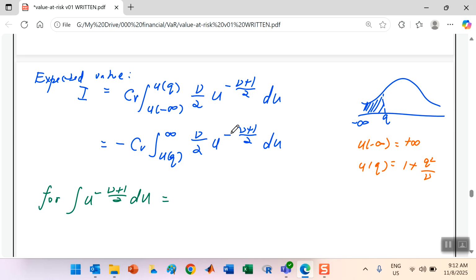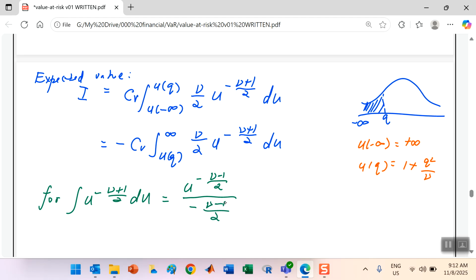After adding 1, you end up with −(μ−1)/2, all divided by 2.